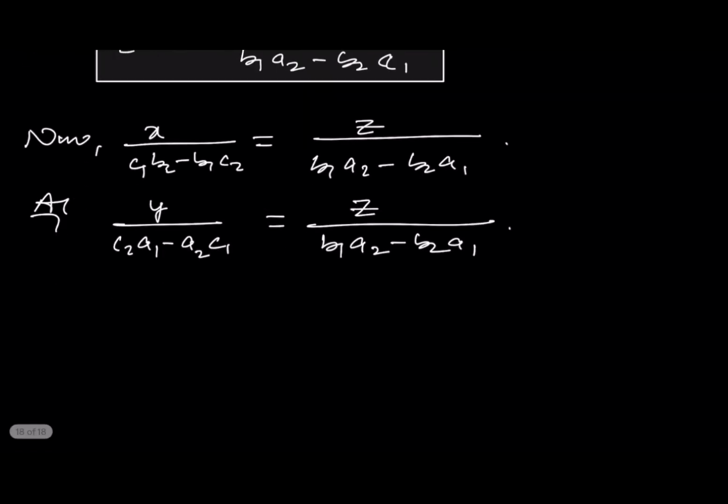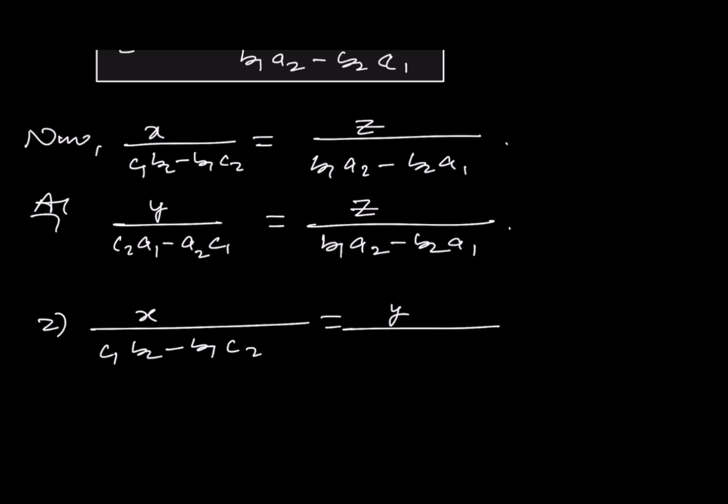So I can equate x upon (c1 b2 minus b1 c2) is equal to y upon (c2 a1 minus a2 c1) is equal to z upon (b1 a2 minus b2 a1).